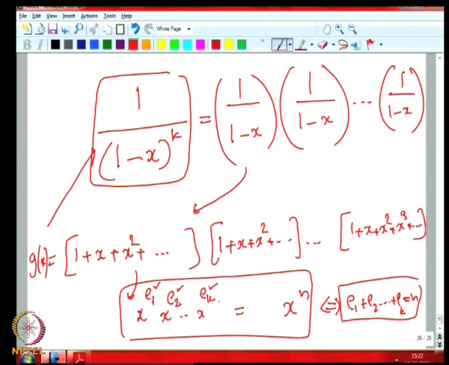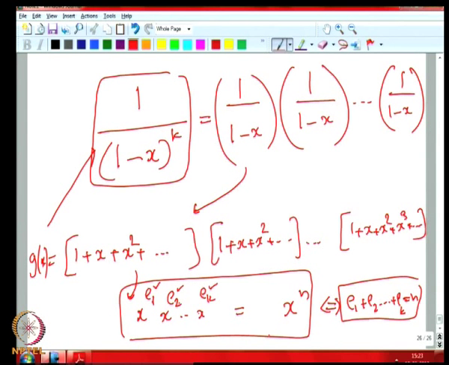So we get directly from this argument that 1 by (1 minus x) raised to k is the generating function for the sequence h0, h1, h2, h3 and so on, where hn is the number of integer solutions of E1 plus E2 plus up to Ek equal to n.